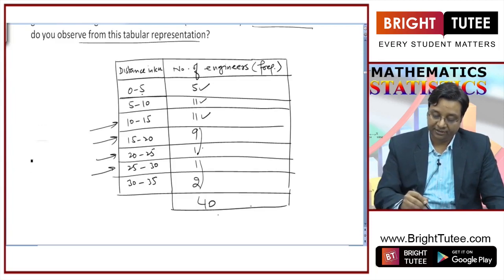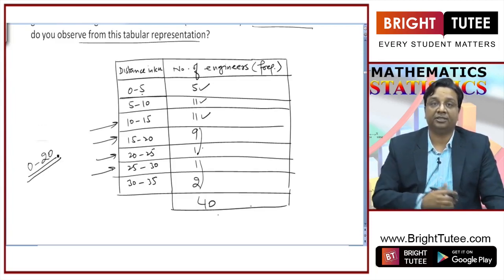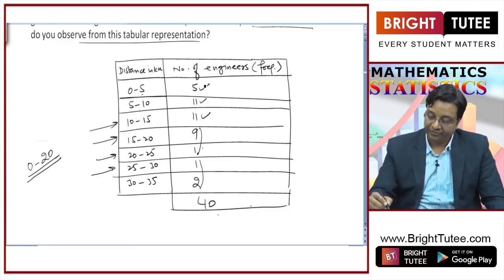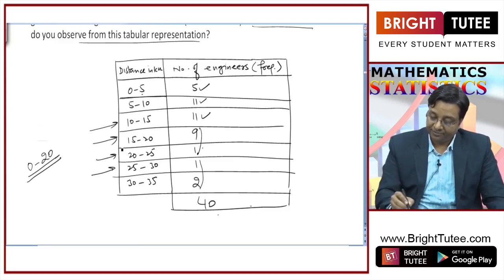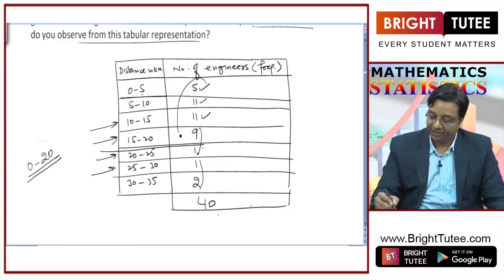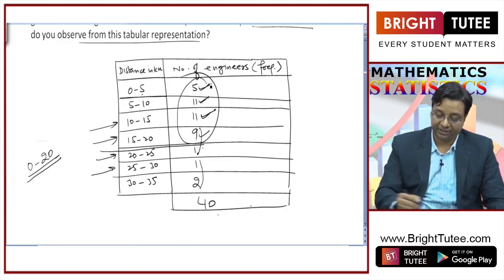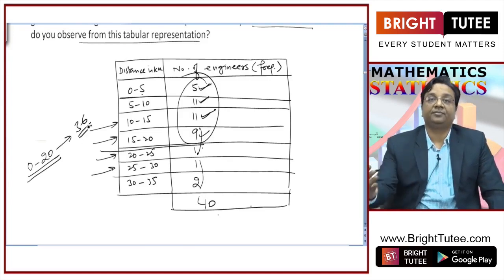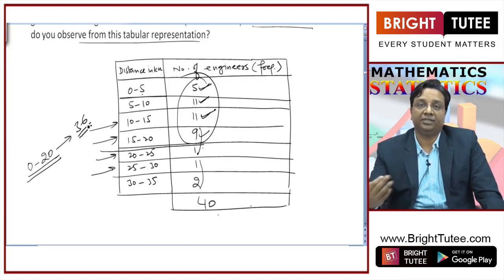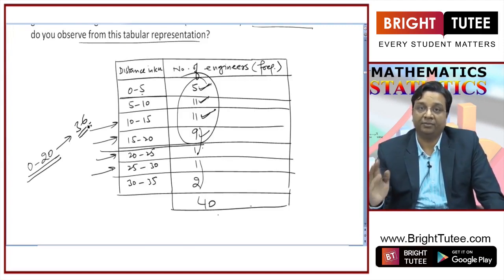If you calculate the engineers living between 0 to 20 kilometers from their places of work, then it will be these engineers. 22 plus 9, 31, 36 engineers out of these 40 live within 0 to 20 kilometers from their places of work.